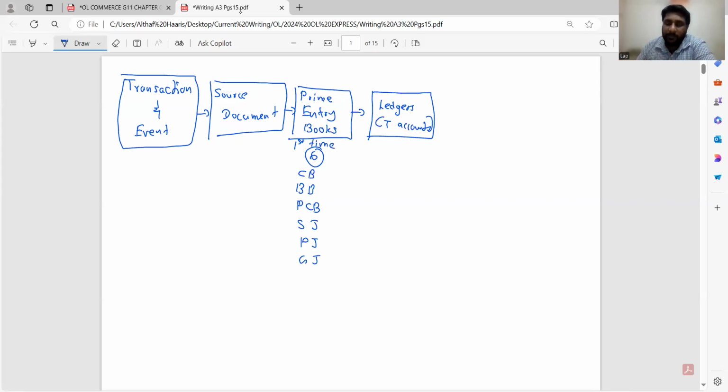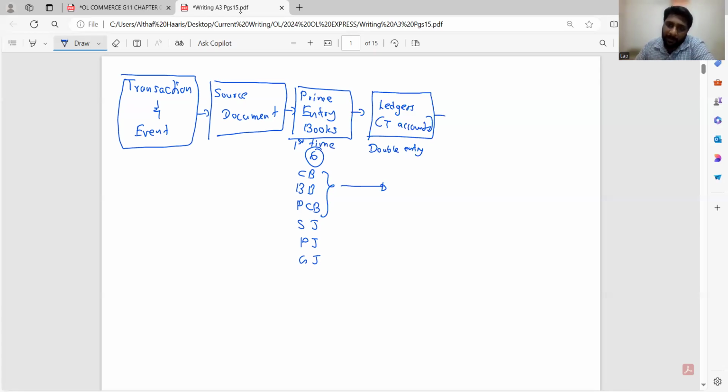So here only we posted the double entry. But there are certain books which are acting as a ledger also. Cash book, bank book, petty cash book, these 3 books are acting as a prime entry book as well as a ledger.